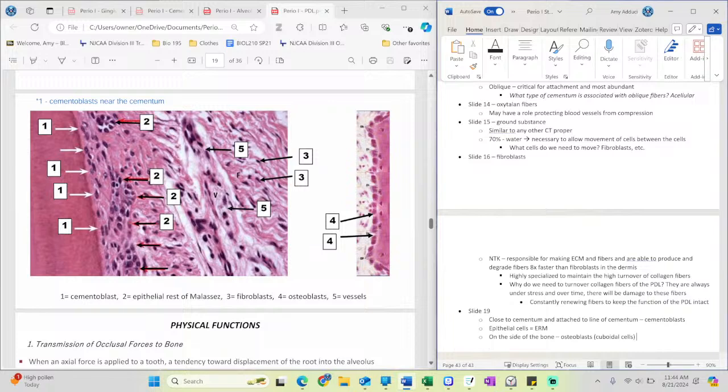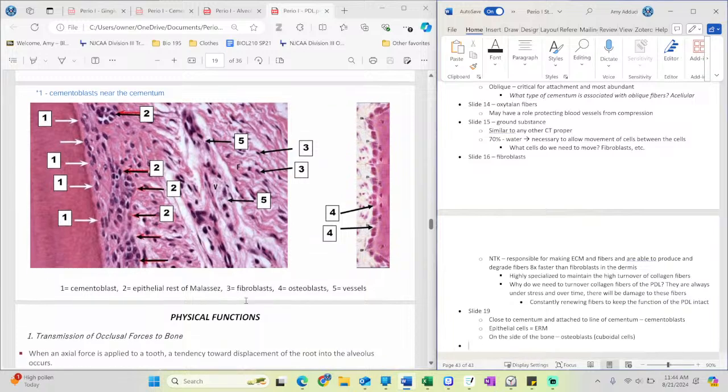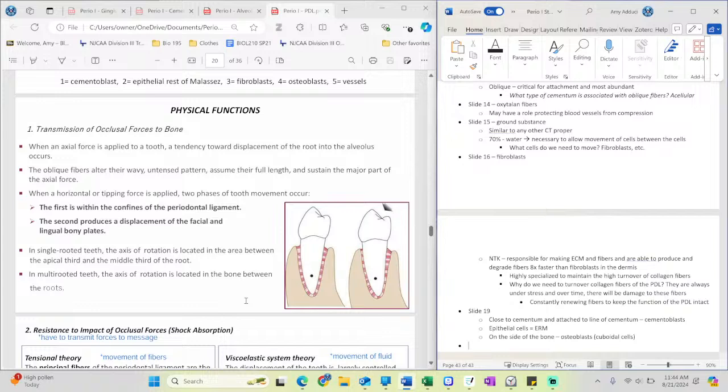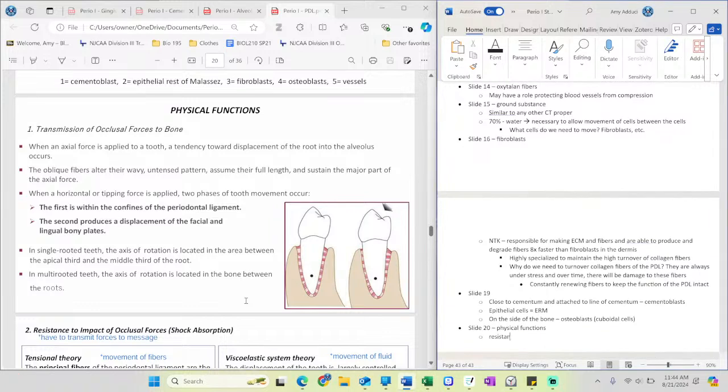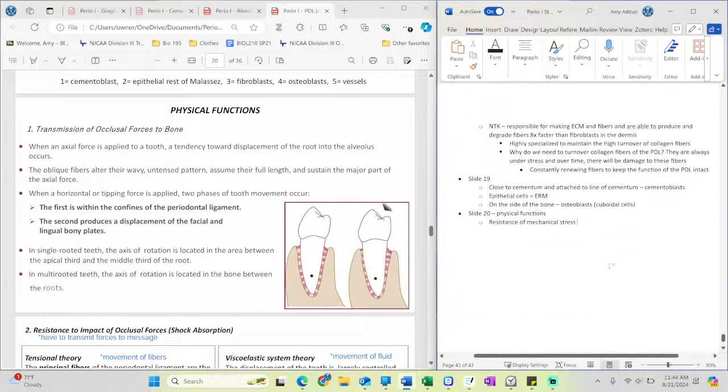So regarding the physical functions, we talk about resistance to mechanical forces, mechanical stress. And that is every single time that we eat, or during orthodontic tooth movement. I keep the same slides that I gave you for oral biology, but now you already have Ortho 1, so I don't need to go deep into this.